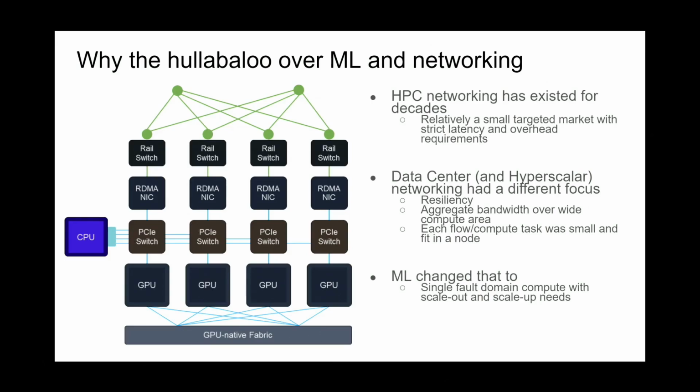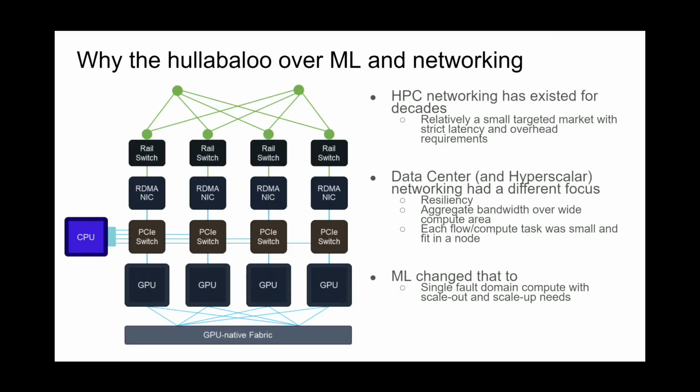Now, this kind of network looks different from any other network you would see in a hyperscaler, which have been very popular for the last two decades, because hyperscaler networks were built to be resilient. They were built such that you could build 1 million, 2 million endpoints, and they would provide a lot of aggregate bandwidth, but no single endpoint was trying to use all of the bandwidth all the time without failing.